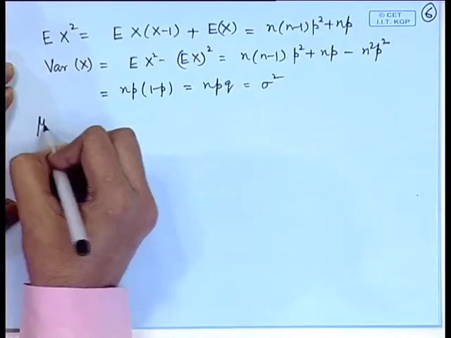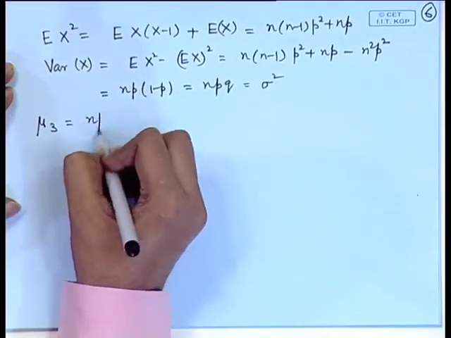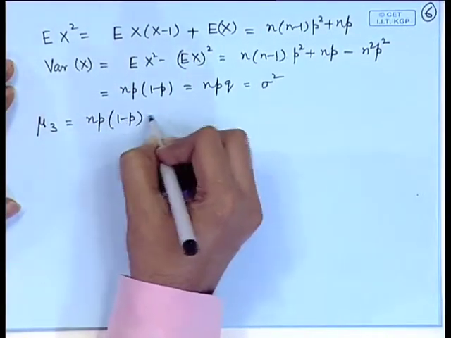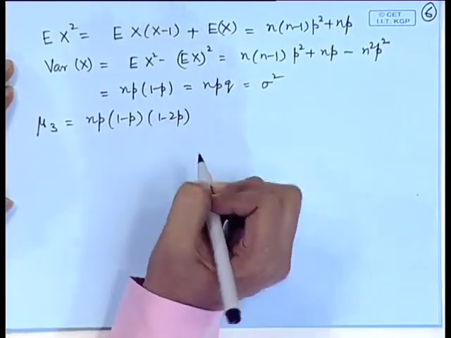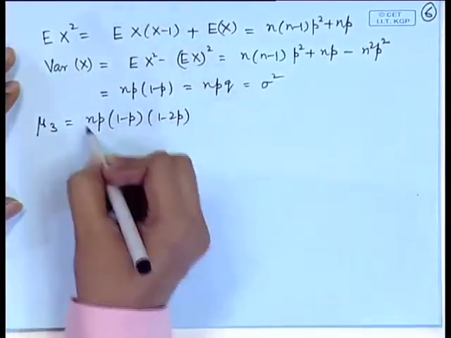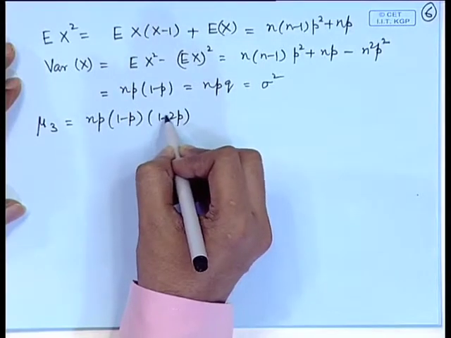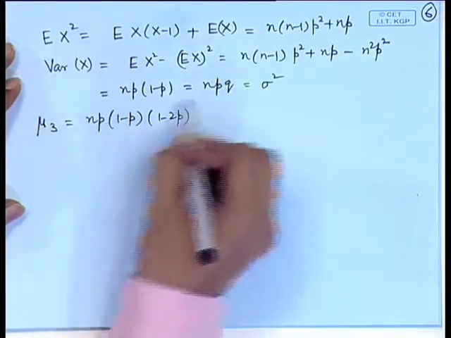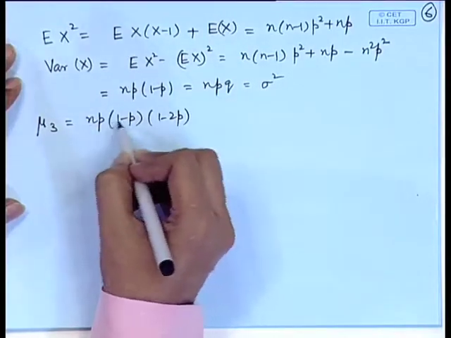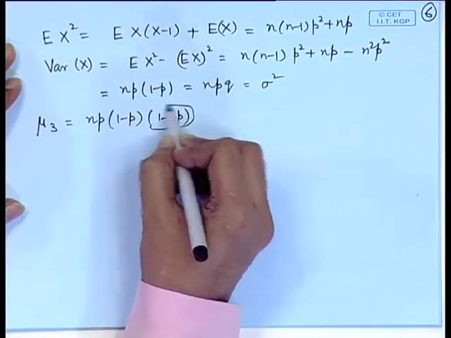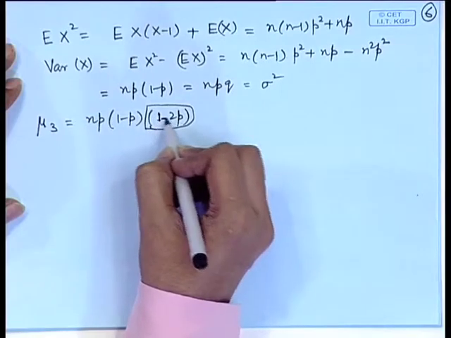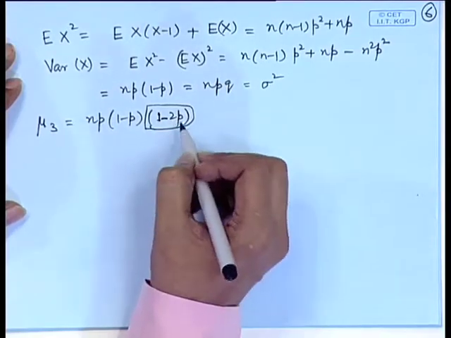So, after doing certain algebraic simplifications, we can obtain mu 3 as n p into 1 minus p into 1 minus 2 p. Now, you can easily see here that the term n p into 1 minus p, because it is the variance term, is always non-negative, whereas this term, 1 minus 2 p, will determine the symmetry of this distribution.